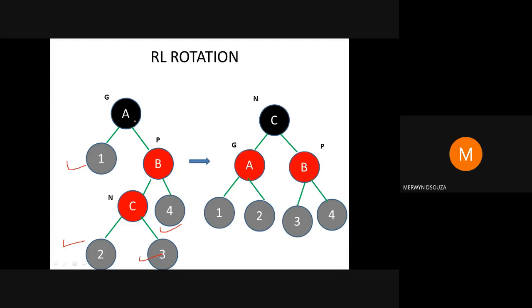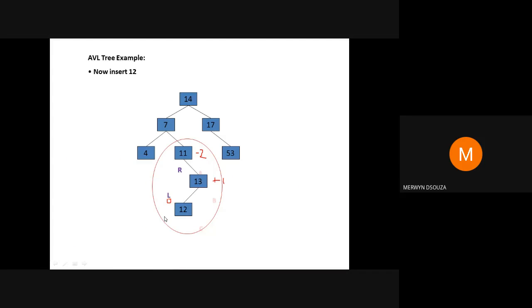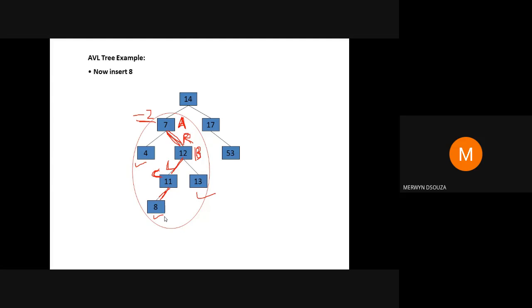Once you have identified your A, B and C, the left child of A will be 1, the right child of B is 4, and similarly the left and right child of C are 2 and 3. So label these 1, 2, 3 and 4. Look here, the left child of A is 4, which is 1. C's left child is 2. B's right child is 4.